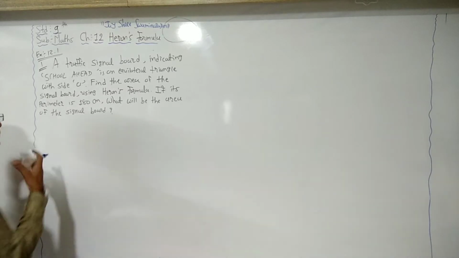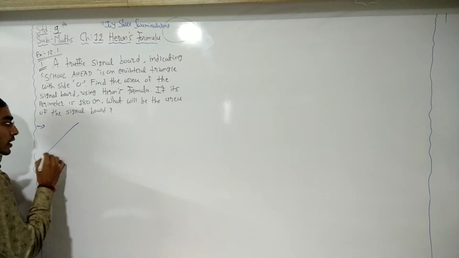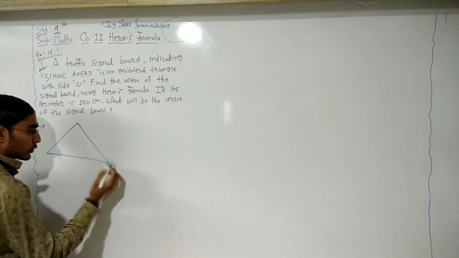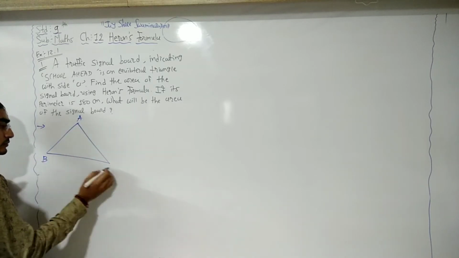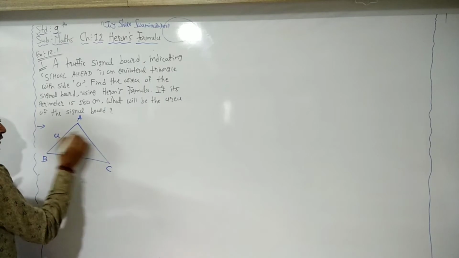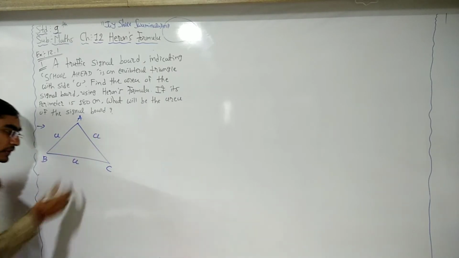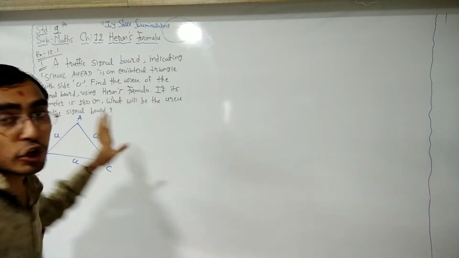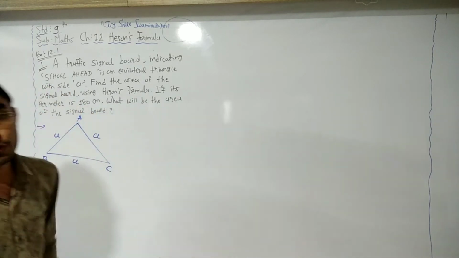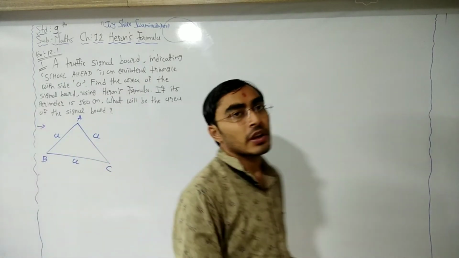First of all, here one equilateral triangle is given to you. Just give the name ABC, with sides a. Now what do we need to find? The area of the signal board using Heron's formula.